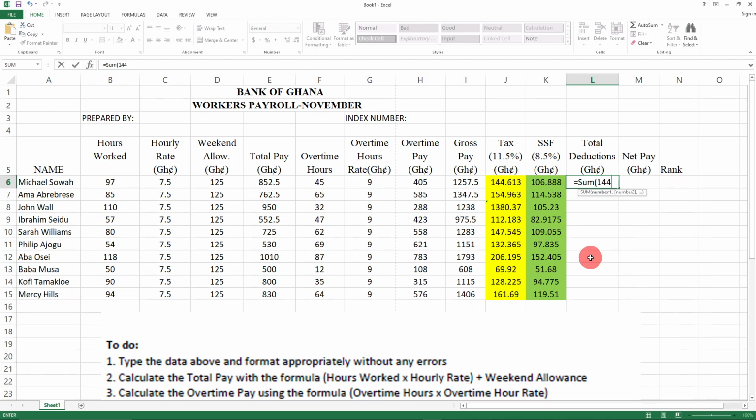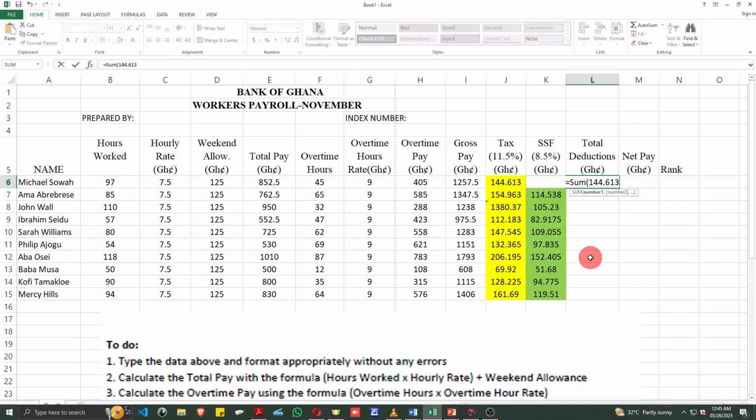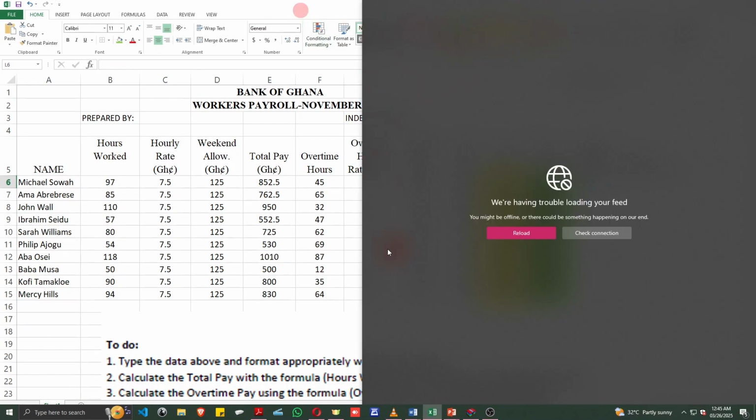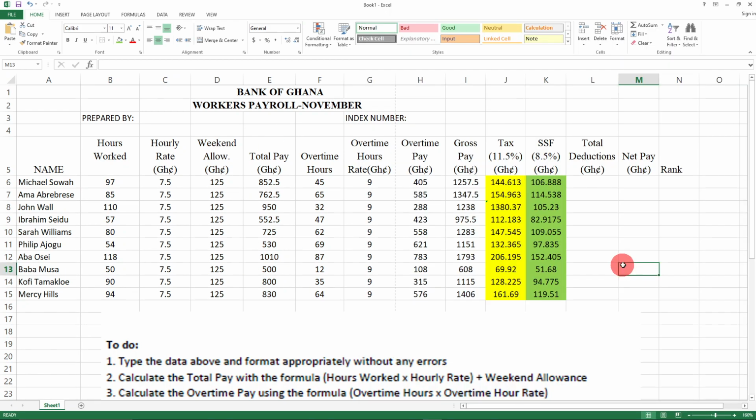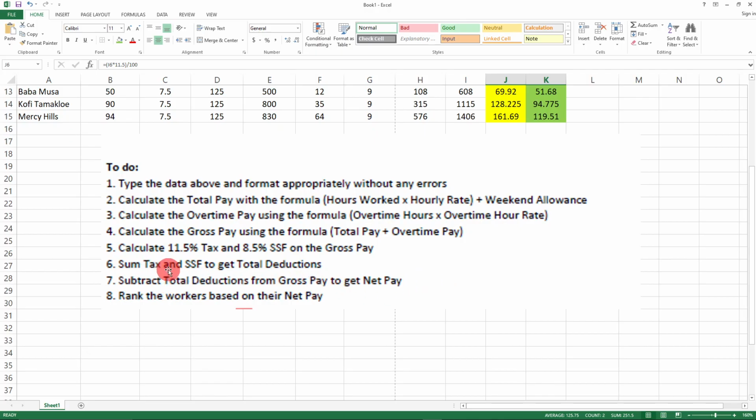144.613 plus, oh sorry, okay, so let's continue. So we are adding these two. That's question 6. The question says sum tax and SNET to get total deduction.